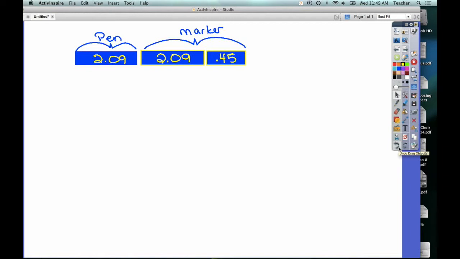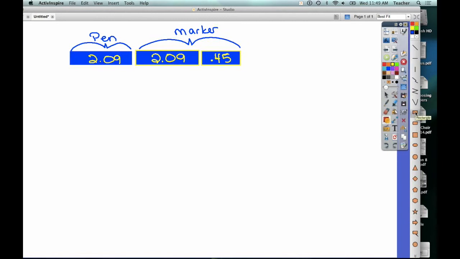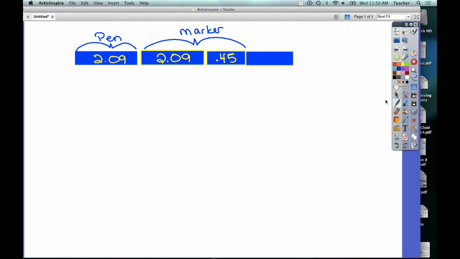But now we don't know how much change he's going to get back. So we have another box because we're not quite sure how much change he's going to get back.